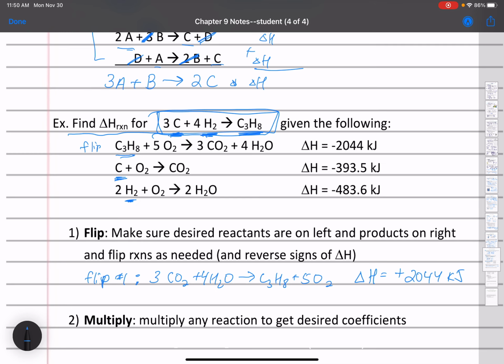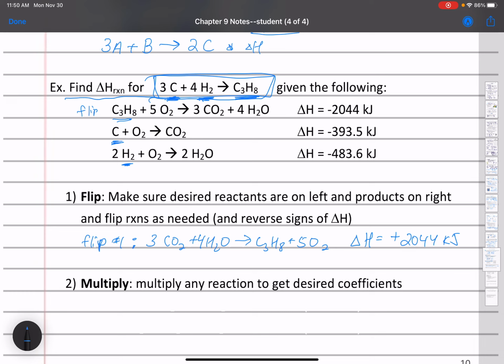Okay. Now I want to make sure that my coefficients are correct. So I need to have 3 carbons and 4 hydrogens in my final equation. This equation here has 1 carbon, but I need there to be 3 carbons. So I'm going to want to multiply this one by 3.